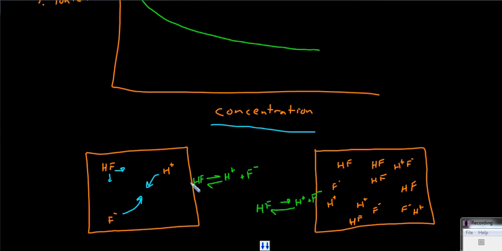So if we have a much higher concentration of HF, then we have a lot more proximity between H and F, and therefore they'll collide quite a bit more frequently than in a less concentrated scenario. And so that drives the rate of the reaction to the left to be much larger, and hence will drive the equilibrium more so towards the original molecule.